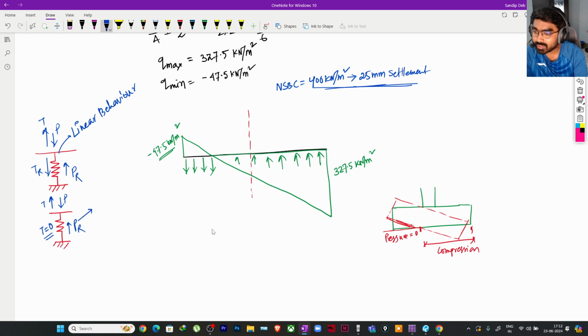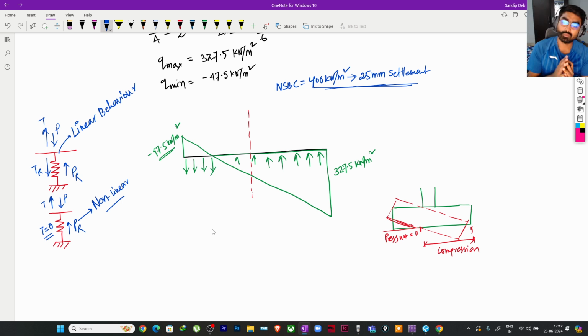And here what we are getting is the non-linear behavior, because though we are having uplift, there is no resistance under it, so it is 0. If we do linear analysis, obviously the spring will be going up, and it will provide resistance to tension. It will give you a value also for the negative pressure. So here it is a non-linear spring basically.